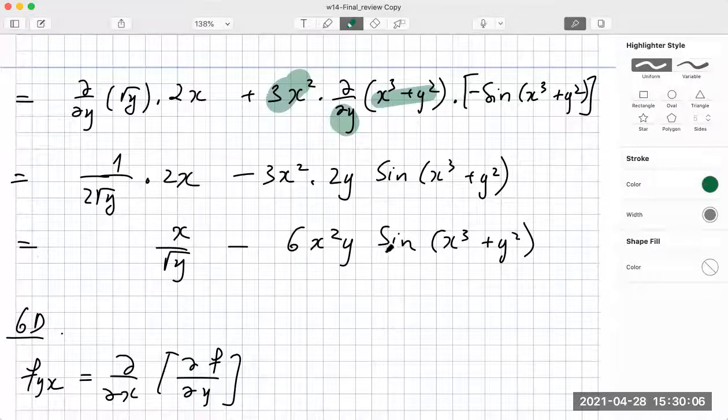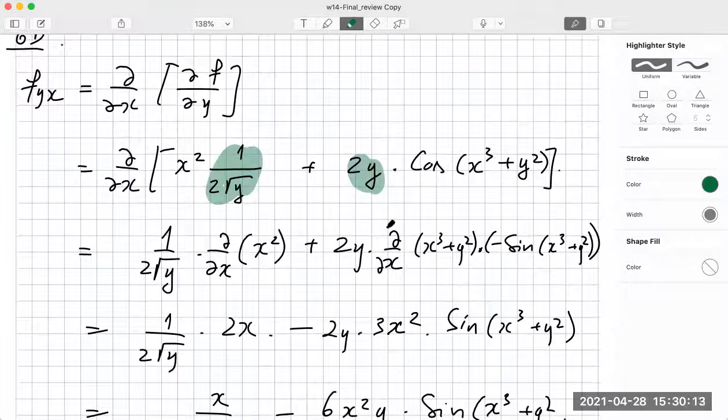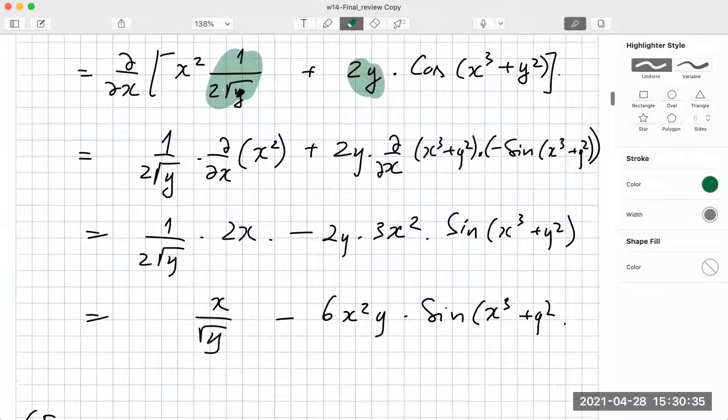Same thing for 6d here. f sub yx here is df over dy and then d over dx again. We know df over dy from 6b, substitute the result here, then we take the derivative with respect to x. This one, in terms of y, we treat as a constant.